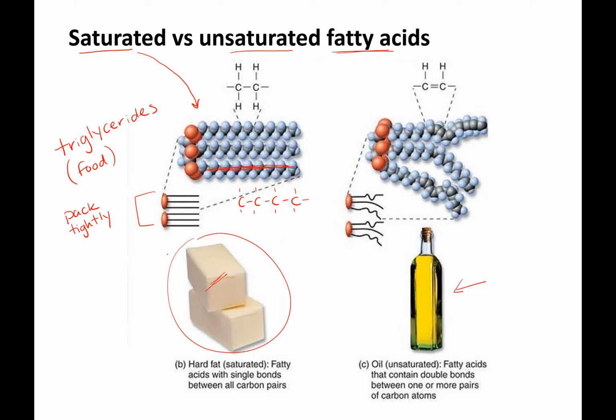So unsaturated is unsaturated due to carbon-carbon double bonds, which might not mean a lot to you, except that you remember that these add bends or kinks in the fatty acid tails or the carbon chains.